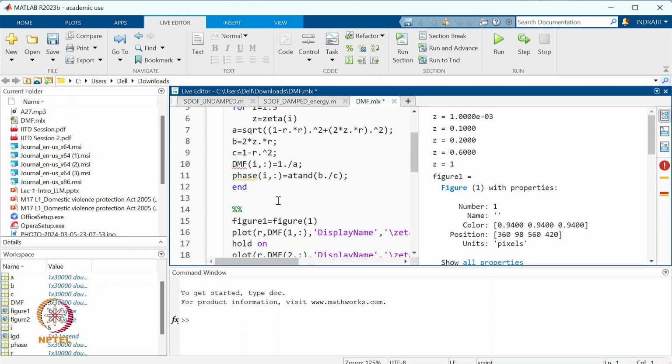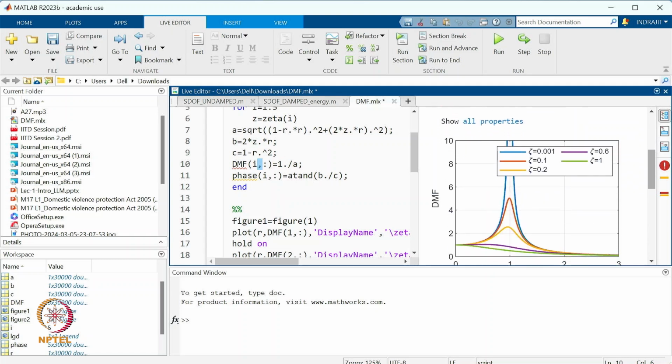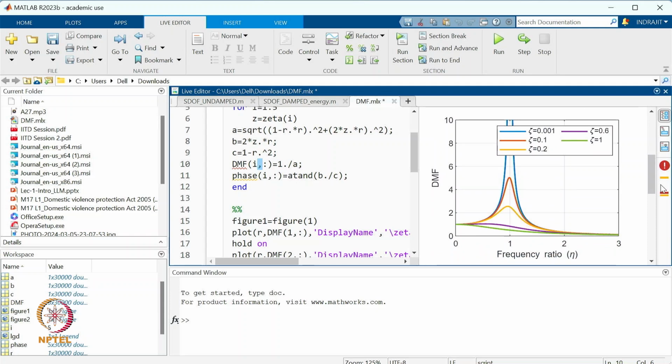Then I will come to the phase. So if you see this portion, the graph should look like this. Once the damping is 0.001, meaning a very low damping, like 0.1% damping, you can see that the dynamic amplification factor is very high near the frequency ratio 1.